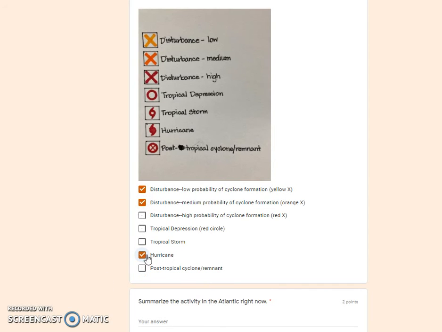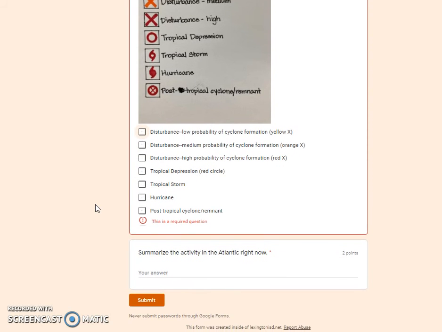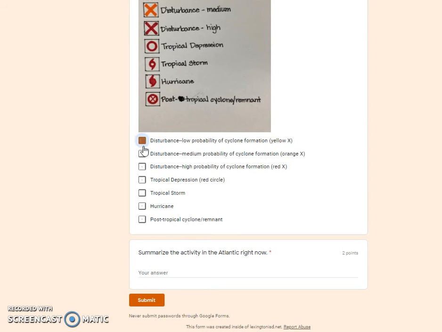So it just depends on the day, what's going on out in the Atlantic, as to which things you choose. And then down here, once you've chosen, you can summarize. For instance, if we had done the graphic that we just looked at, you could type in your summary: there are 2 tropical disturbances in the Atlantic, one with a low chance of formation, another with a medium chance of formation, and there's also Hurricane Isaias, or however they were pronouncing it.